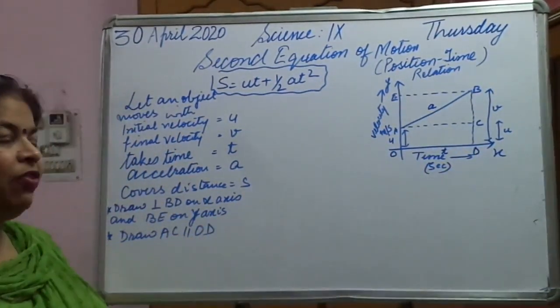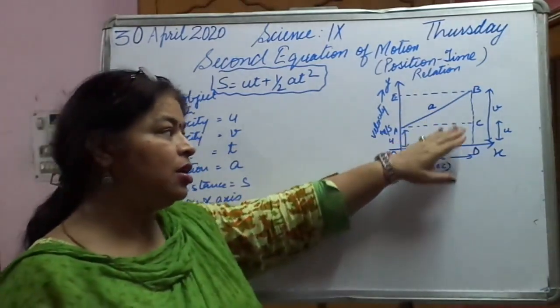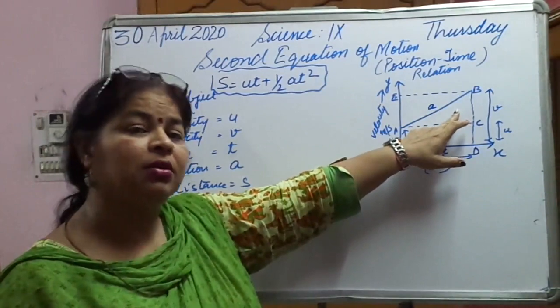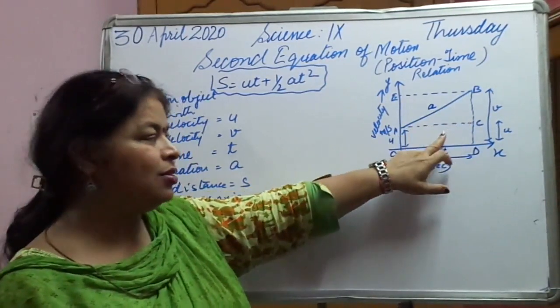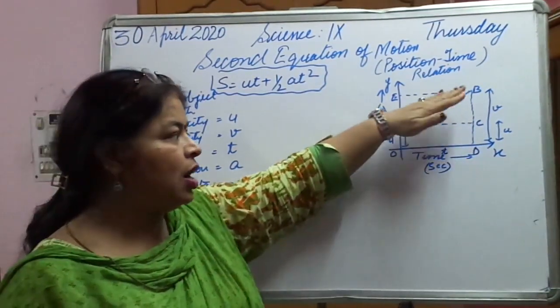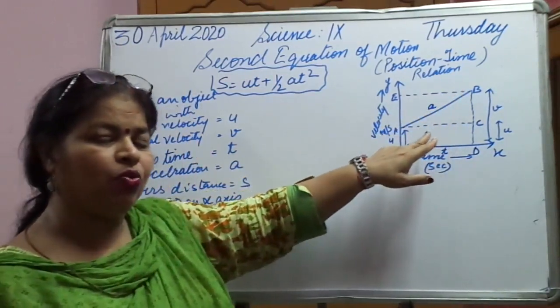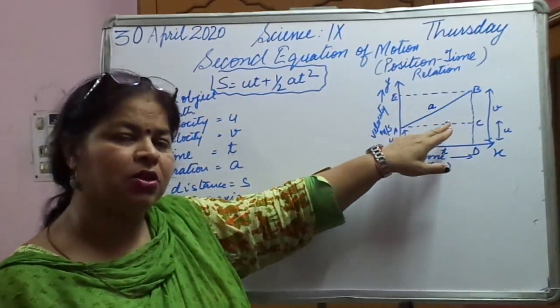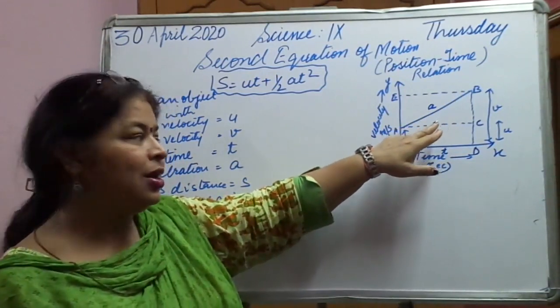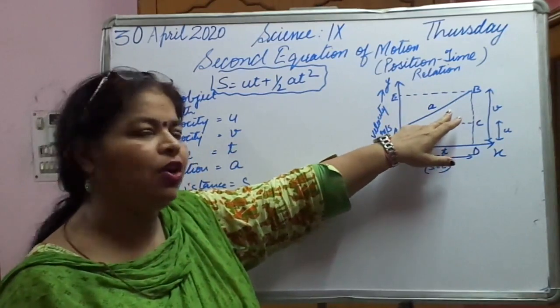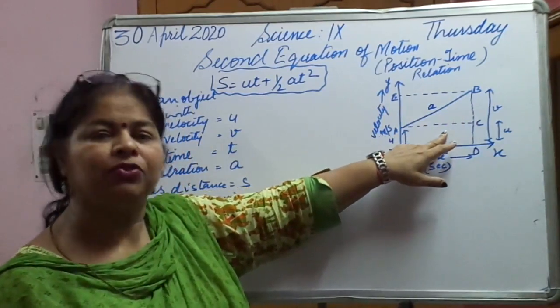Why have we done this? We have actually simplified this. As you can see, this is a triangle and this is a rectangle. So whatever the area is under this graph, that will be the distance. So what is the distance now? Distance is equal to the area of this figure plus the area of this figure.